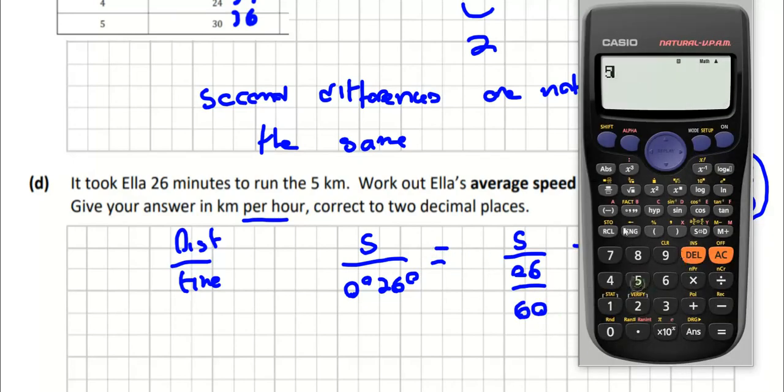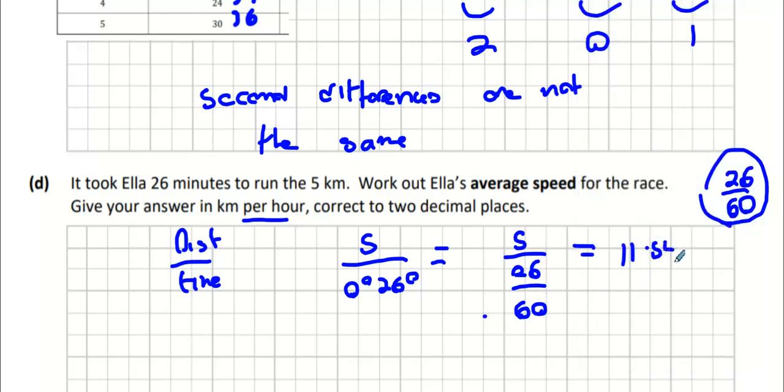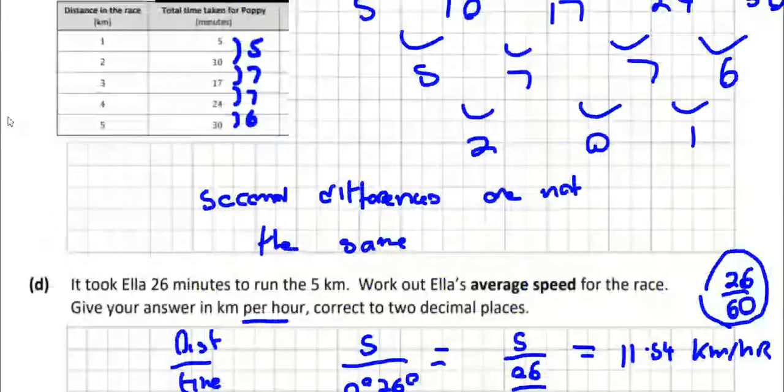Okay, so 5 divided by 0 hours 26 minutes, and what we get there is 11.54 kilometers an hour. Or if we did the second method, where it's 26 over 60, you still get your 11.54. And I want it in decimal places, okay? 11.54 kilometers per hour. Okie dokes, next question.